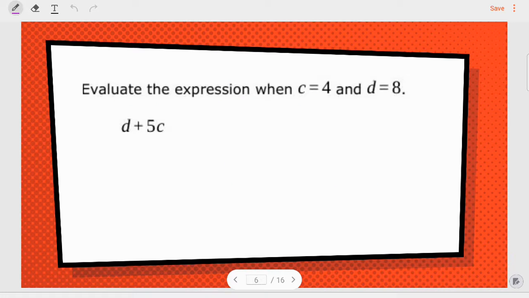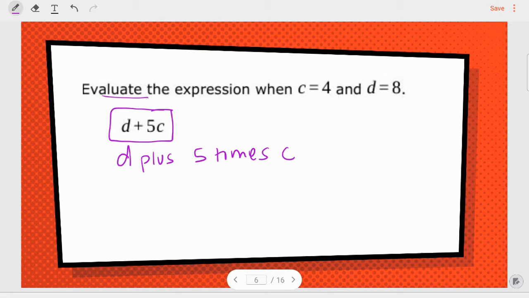So when I'm evaluating the expression, when c equals 4 and d equals 8, well, what does this mean in words? This means d plus 5 times c. So when I evaluate, it's saying c is 4, another name for c is 4, and another name for d is 8.